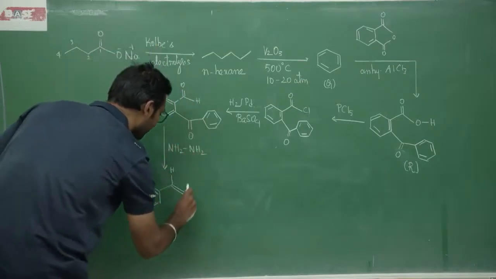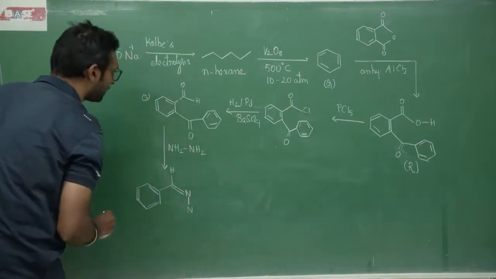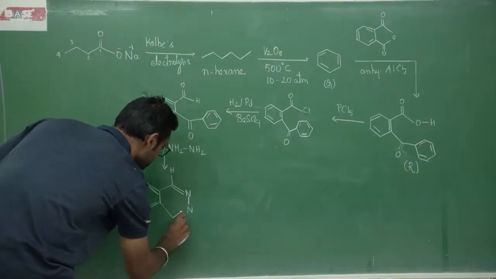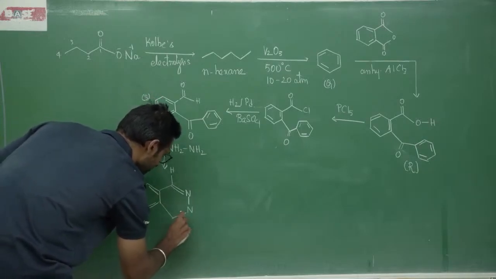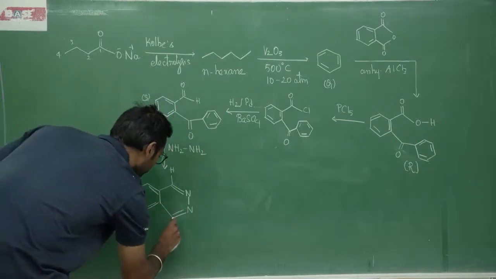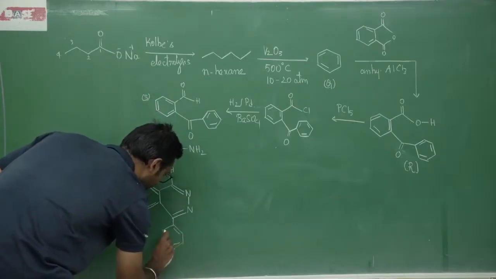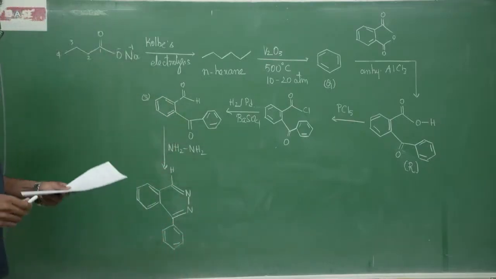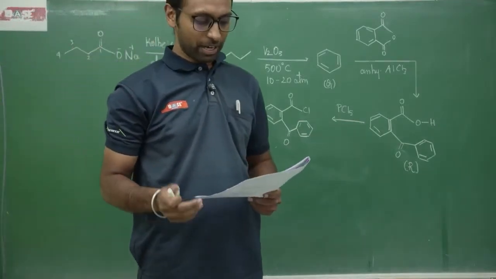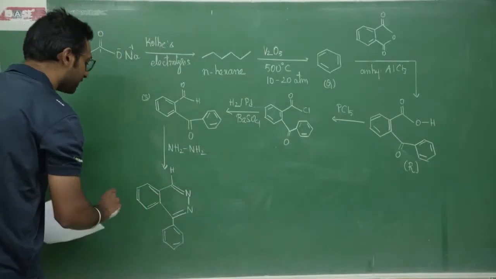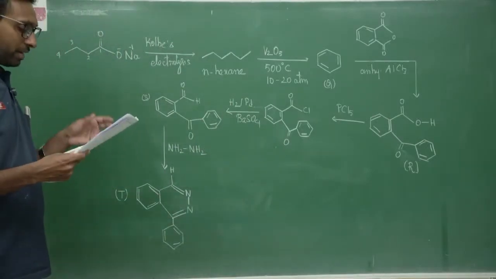You have this nitrogen, which is in turn going to be bonded to another nitrogen. So this is the compound we get. Now there are certain options that correspond to this. So let me read it out. And before that, this is T. Okay, now let's have a look at the first one.